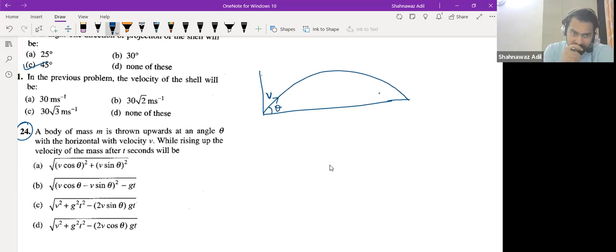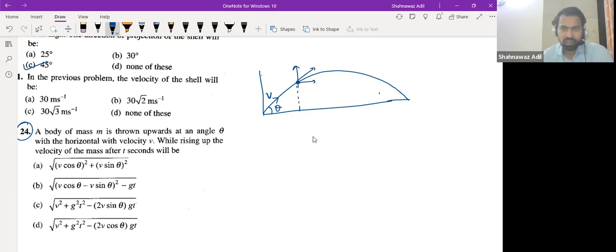So while rising up, the velocity of the mass after t seconds, let's say the object reaches there after t seconds, right? So this is the velocity at this point.